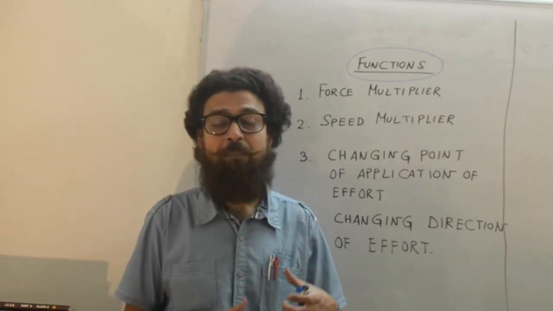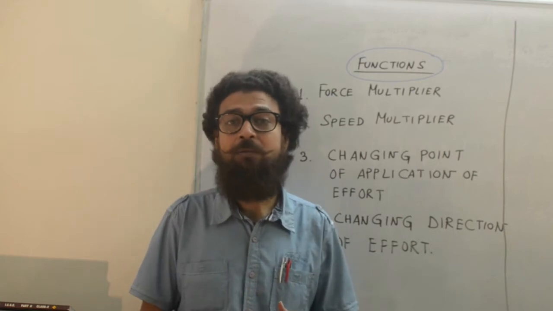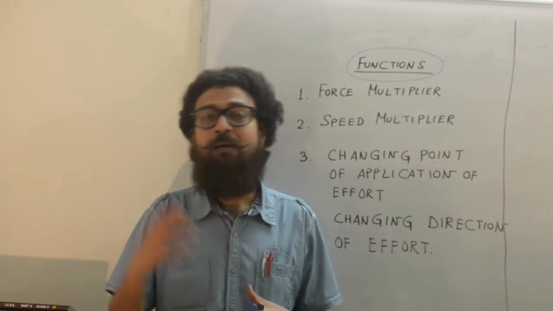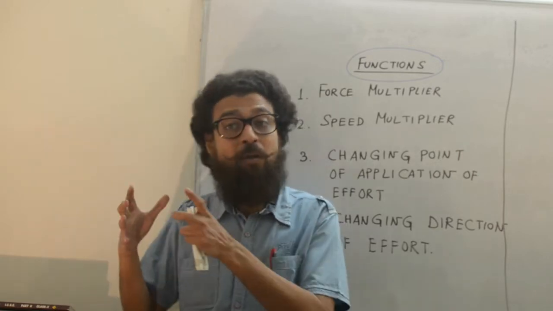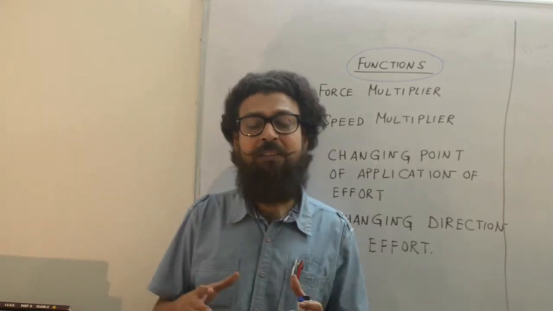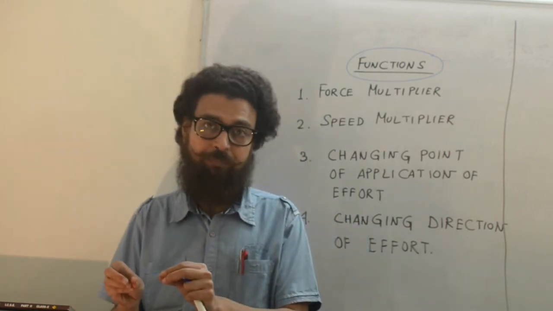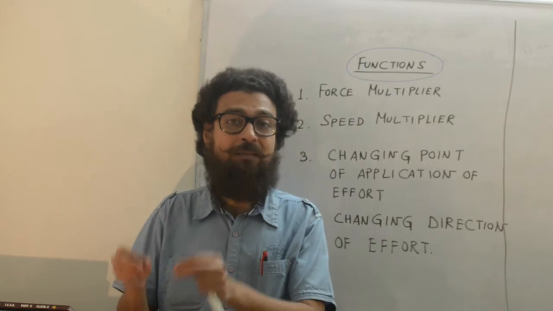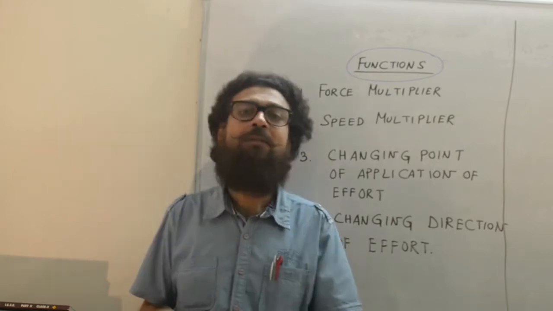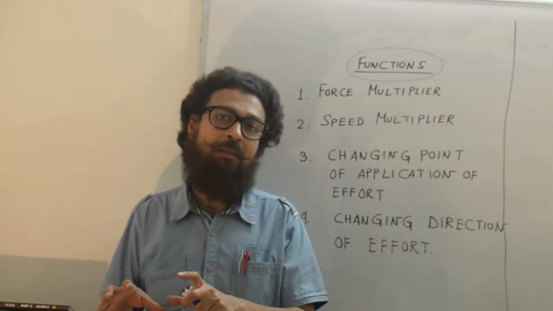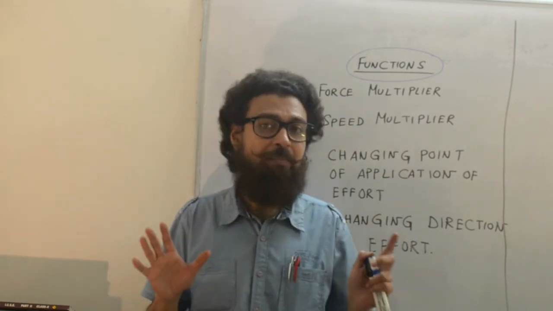We apply effort in order to lift or displace a particular amount of load. So a machine is a device where a human gives an effort in order to get a certain load lifted, displaced, or overcome. This is the basic thing.